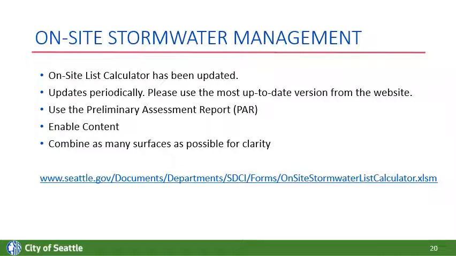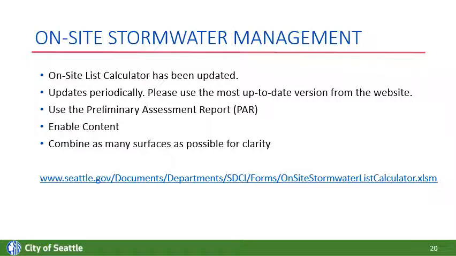So again, we've updated the on-site list approach calculator to help in your project to make sure that you're meeting the requirement for on-site stormwater management. So that's going to be updated on our website.